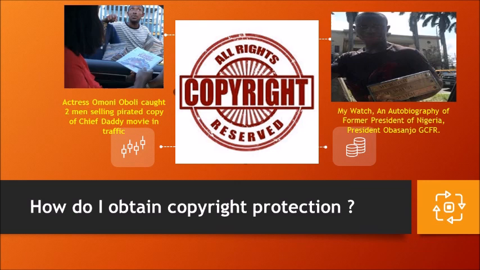These are some examples of works that are being pirated or copied without the owner's permission. Nollywood actress, that is the picture on the left hand side of this slide, and producer Omoni Oboli caught two men selling pirated copies of her movie. The name of the movie is Chief Daddy.